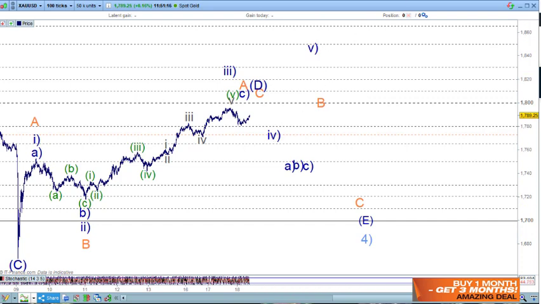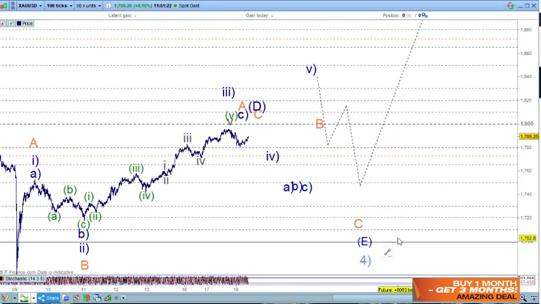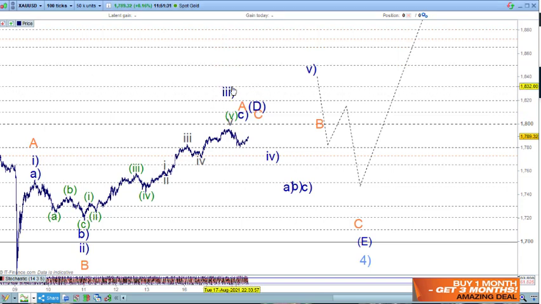The good news is that we would then have a correction as an A, B and C wave, and then another 5 waves up, quite a long way up based on this. But we don't have 5 waves yet.